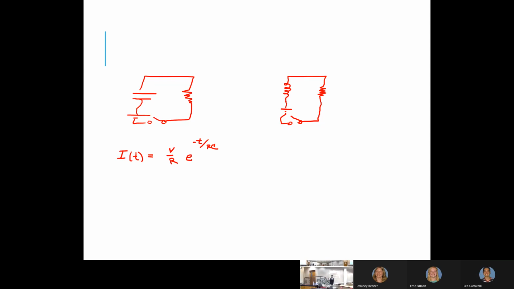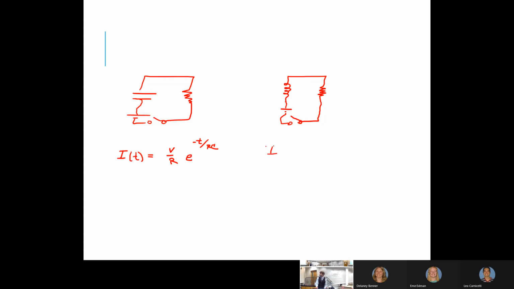For the case of a charging inductor, you're still going to have that exponential behavior. It's still going to be e to the negative t. Except now we know that as time goes out to infinity, the current shouldn't drop to zero. It should drop to some constant value. So I'll give you the equations, and then we'll work through the rest of it.